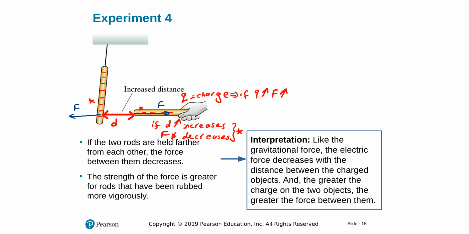So this force is again what we call electric force or Coulomb force. It's very similar to gravitational force. It's directly proportional to the charge, and that could be compared to the mass for gravitational force, and inversely proportional to distance.